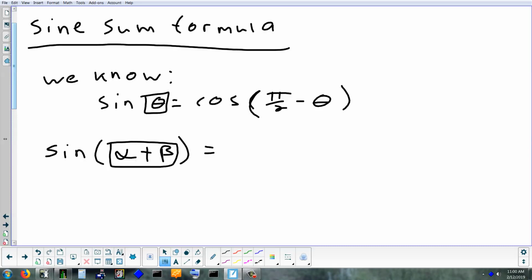So it would be cosine, or wait, or sine of the, I don't remember the name of that symbol. Alpha? Yeah, alpha times cosine of beta. I think you're thinking of a different formula. I think you're thinking of a cosine sum or difference.